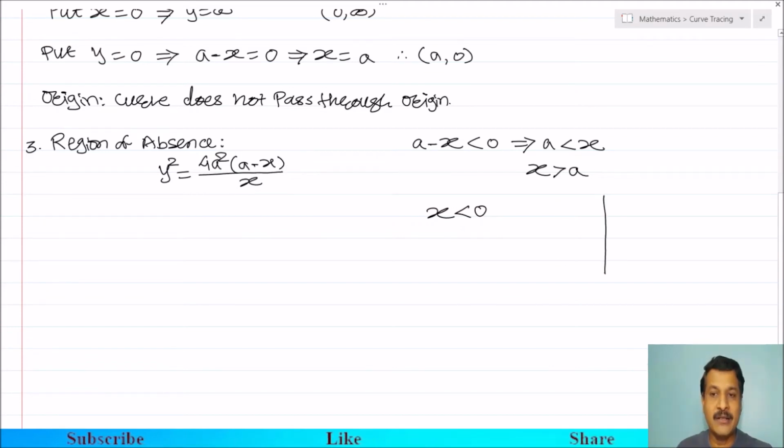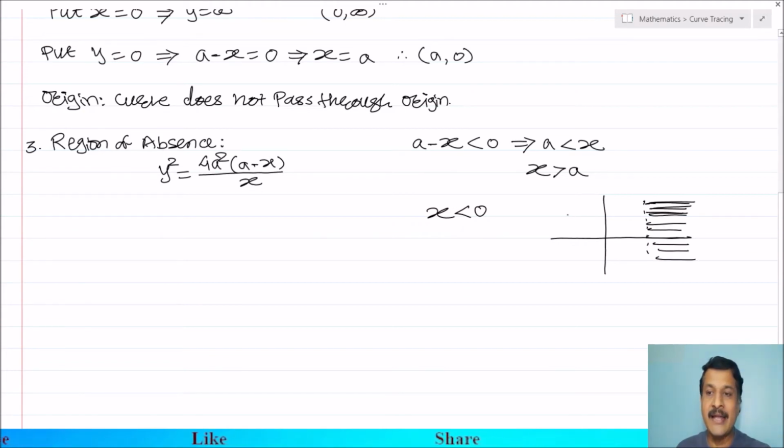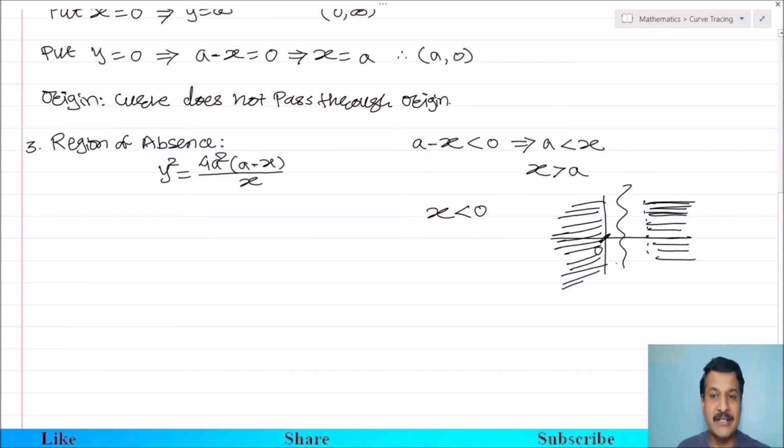So you can roughly check here, this is x equal to a, and beyond this is x greater than a, this region, and x less than 0 is this region, because this is the y-axis, the origin. So our curve exists in between these two lines, the y-axis and the line x equal to a.